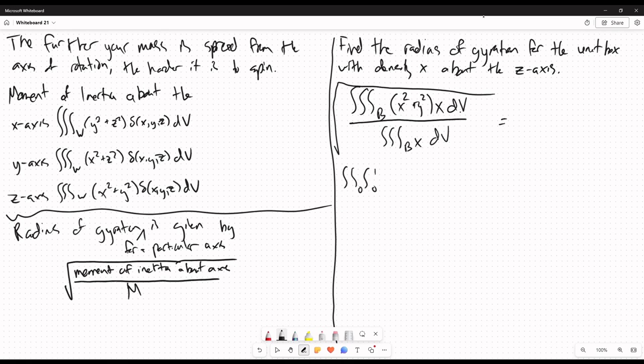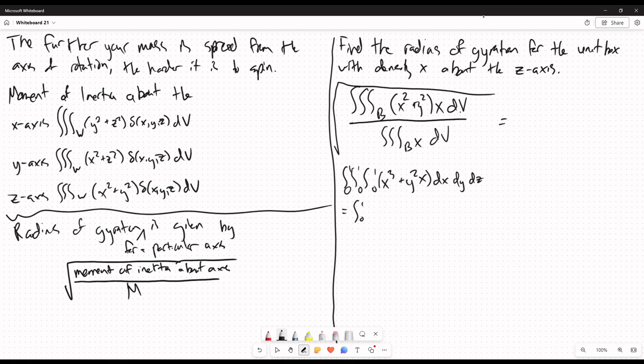Since we're doing the unit box, everything's going to be from 0 to 1. My function is going to essentially be x cubed plus y squared x. And just to get it over with, we'll do z first. Well, actually, let's do x first, just because I have a lot of x's and then some stuff will go away. We'll do x, then y, then z.